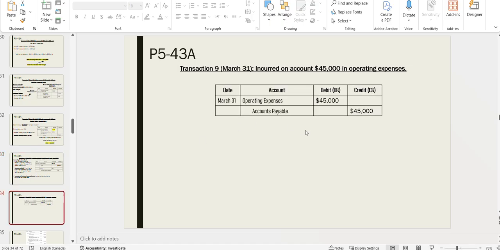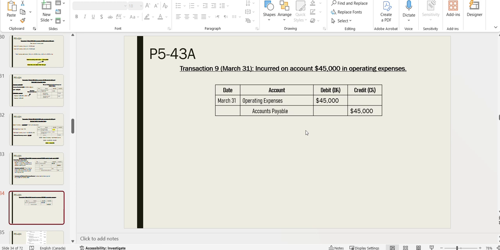In transaction number 9, we incurred $45,000 in operating expenses on account. So operating expense is an expense, so our expense goes up, we debit it, and our accounts payable is $45,000.